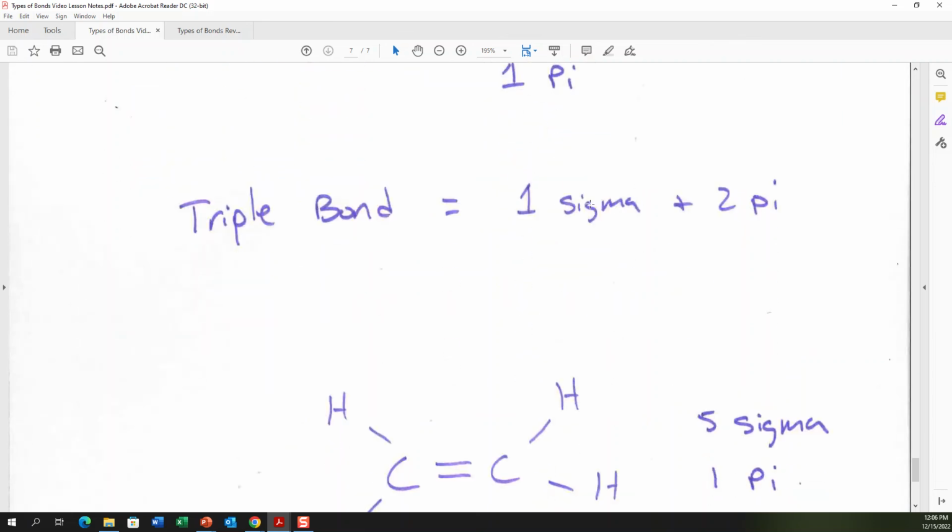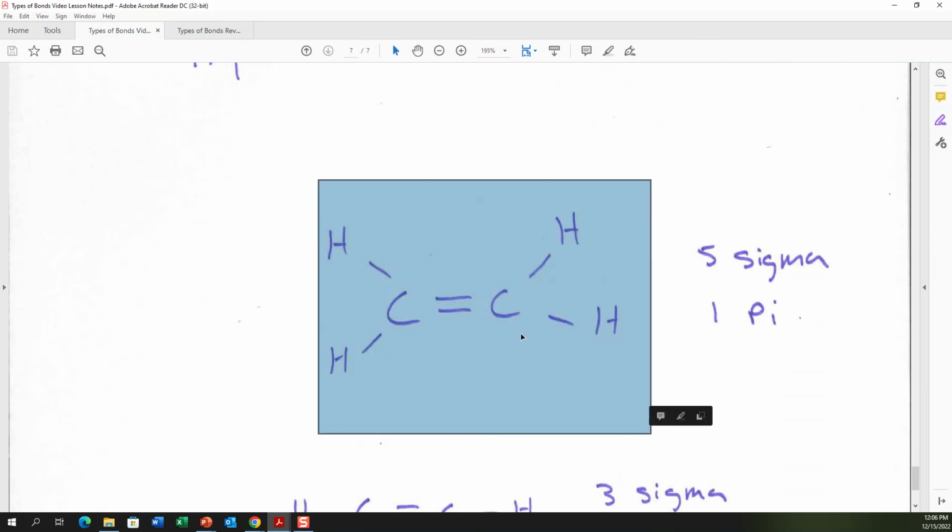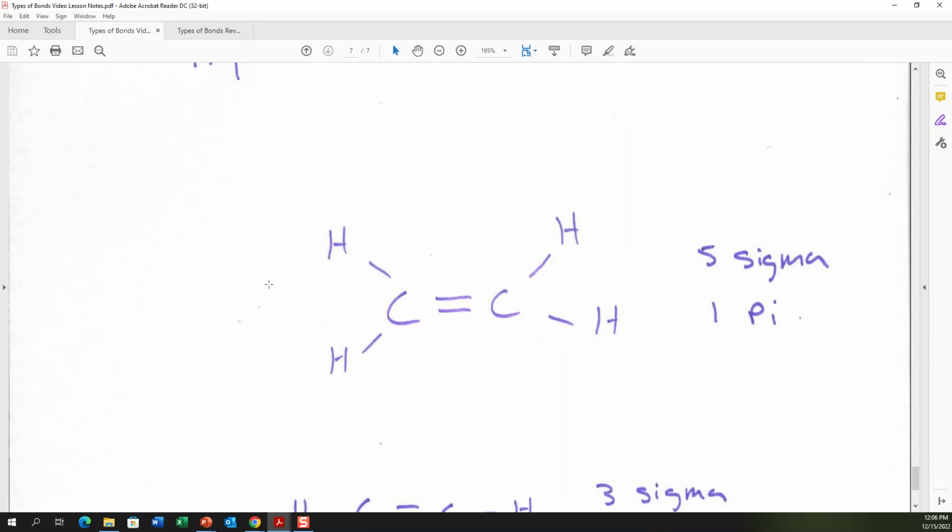Okay? So in this structure, I want to know how many sigmas and how many pi's. So really, you just count the total number of bonds. 1, 2, 3, 4, 5. 5 total bonds. It doesn't matter if it's double or triple. 5 total bonds. That means 5 sigma bonds. And then if you have a double bond, then one of the bonds is sigma, the other bond is pi. So in this structure, we have 5 total bonds, so 5 sigma bonds, and then we also have 1 pi bond because we have a double bond.